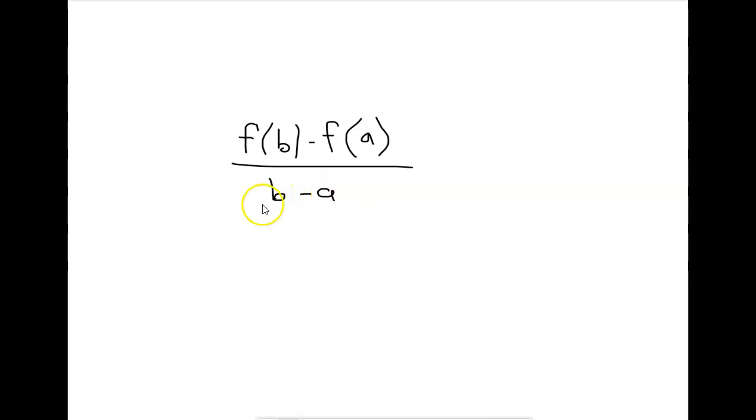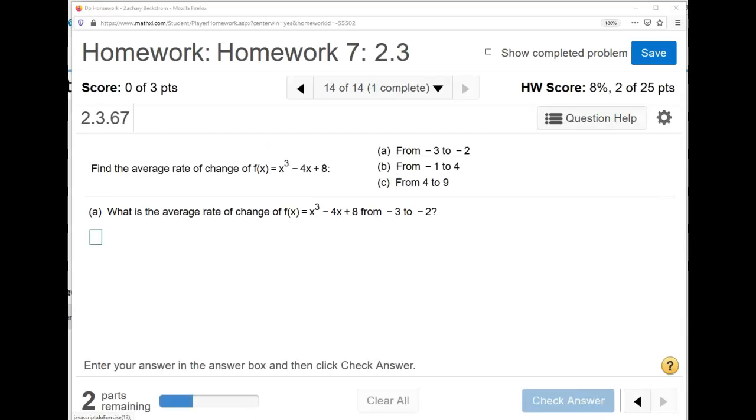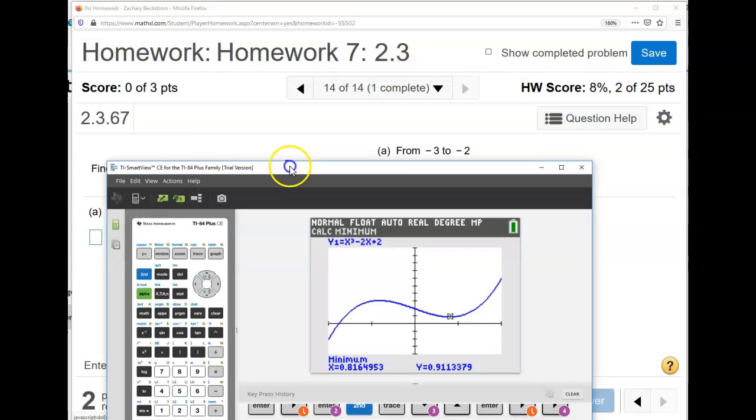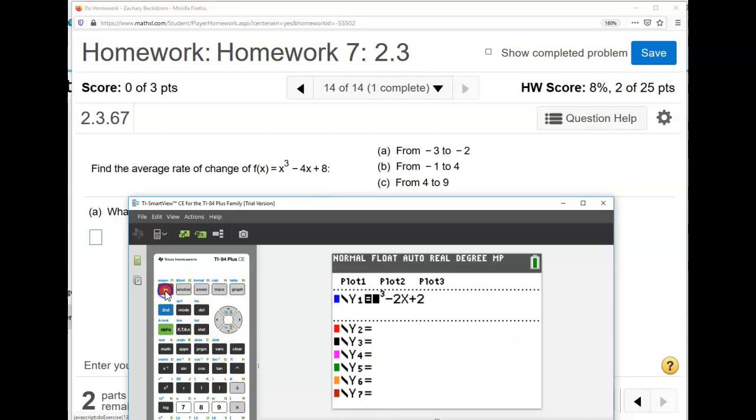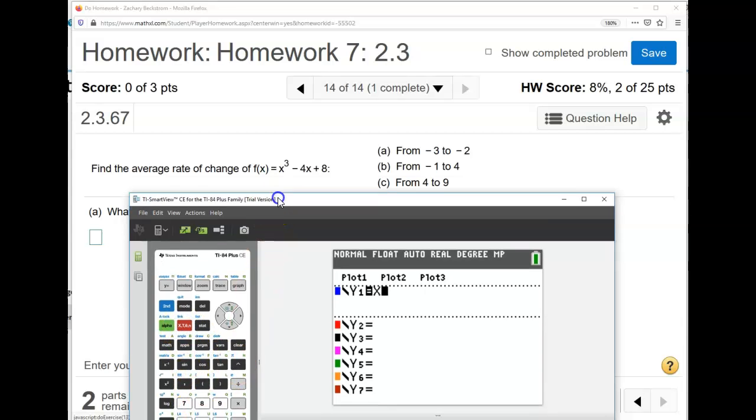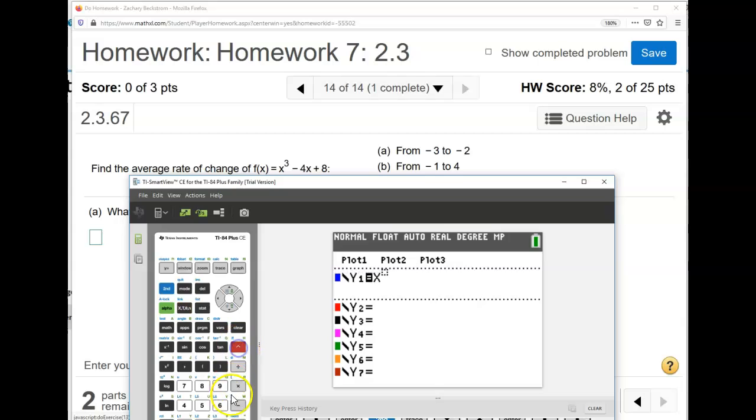And this is going to be a lot easier to do in our calculator. First of all, we need to put this function in our calculator. So I'm going to go to my y equals, and we're going to put this function in. So this is x cubed minus 4x plus 8.